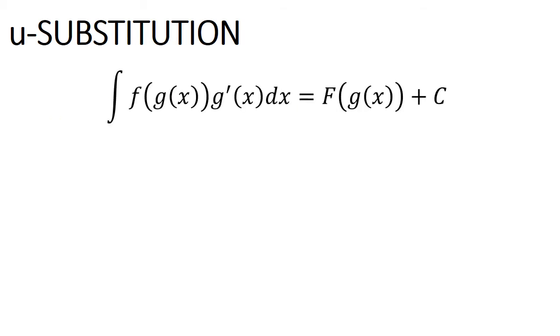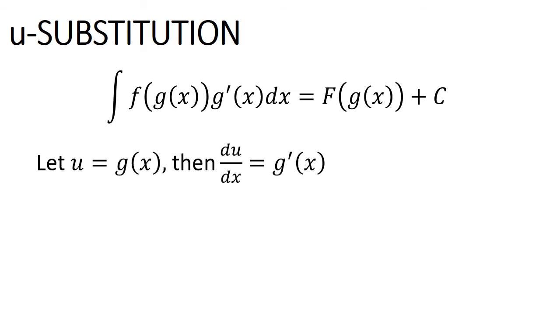And then, I can now let u be equal to the function g of x. And if we derive u, also we derive the right side. So, the derivative of u, since u equals g of x, the derivative of u equals the first derivative of g of x. Thus, my equation would now become integral of f of u du equals F of u plus c.